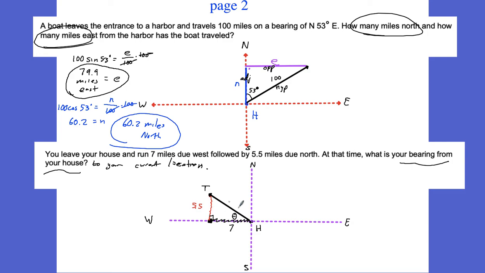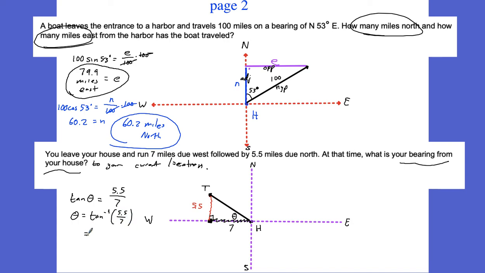So we don't have the hypotenuse, but we do have both legs. So we have the opposite leg and the adjacent leg. So to solve for theta, I can set up tangent, because I have opposite and adjacent. Tan theta equals 5.5 over 7. Solving for theta, I get inverse tangent of 5.5 over 7.